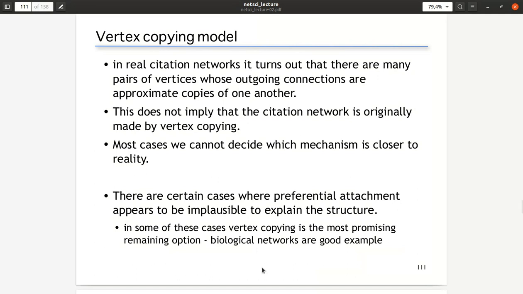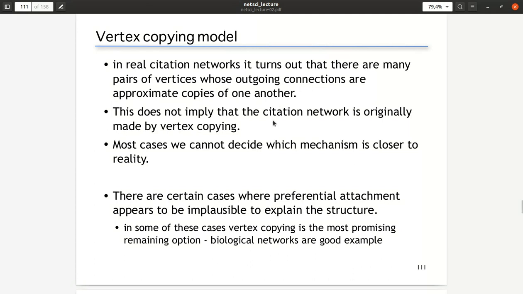But anyway, in real citation networks, it turns out that there are many pairs of vertices whose outgoing connections are approximate copies of one another.